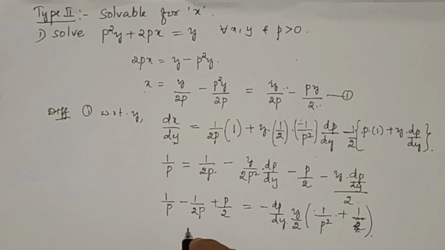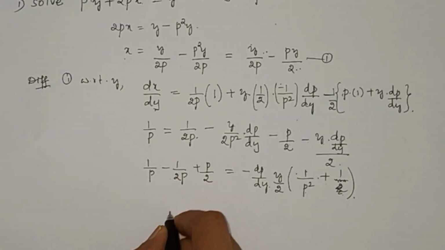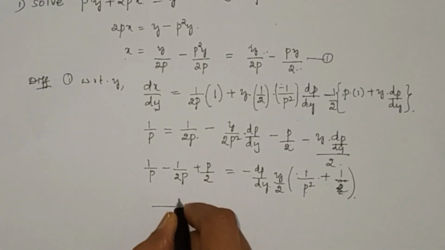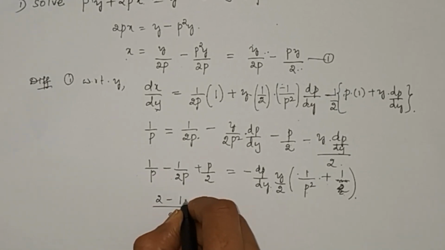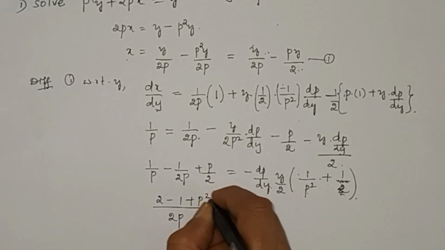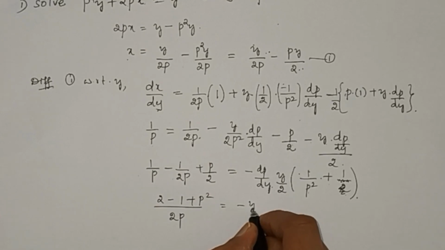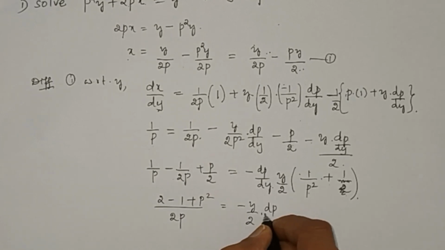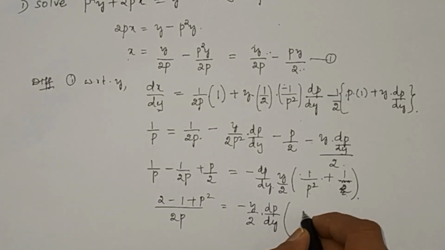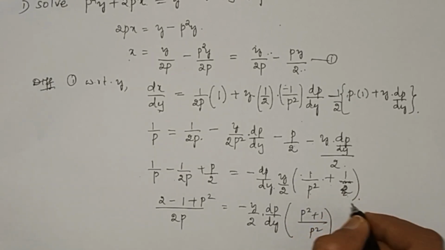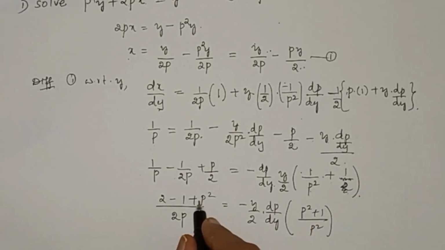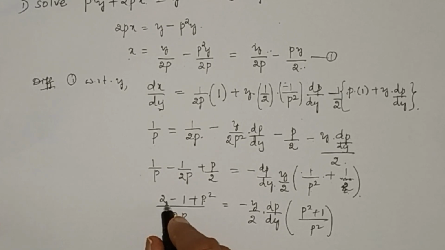Now let us simplify this further. So 2p is the LCM. You will get here 2 - 1 + p² equal to -y/2 into dp/dy into (p² + 1)/p², taking the LCM here. Now when you simplify this, this becomes p² + 1.